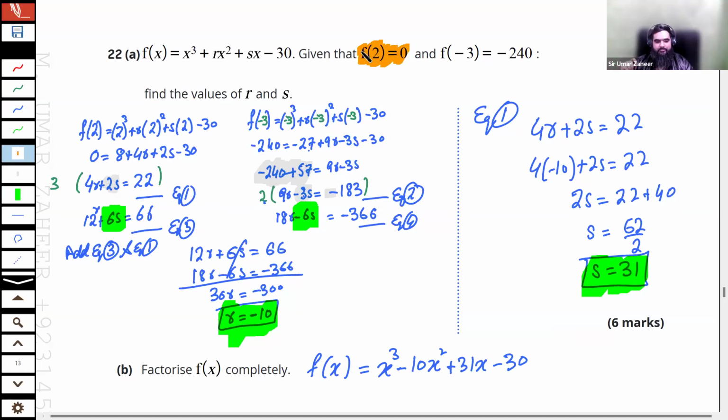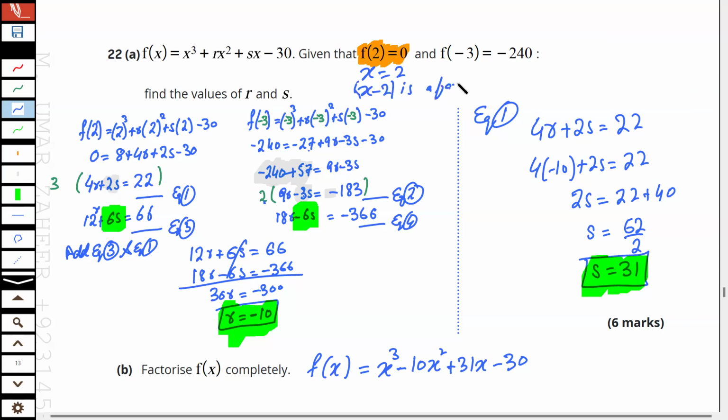What does it mean? In other words, x is equal to 2 is the root, or in other words, x minus 2 is a factor of f(x).